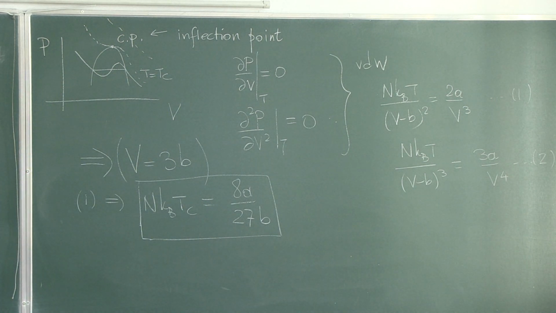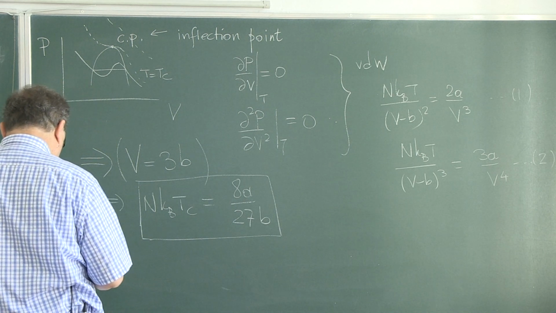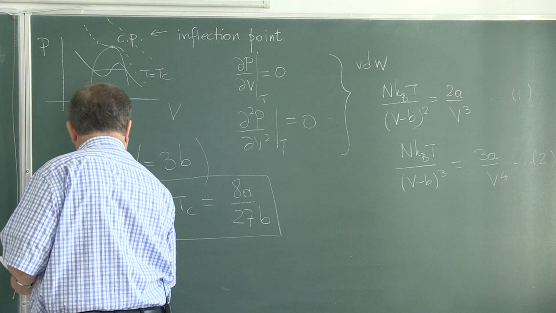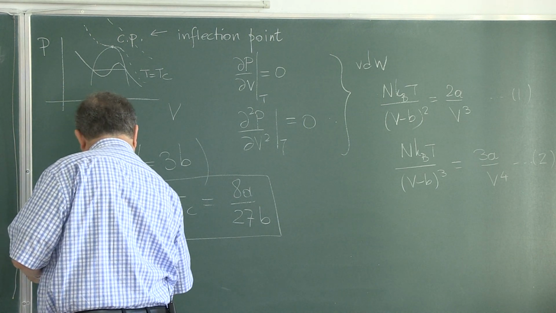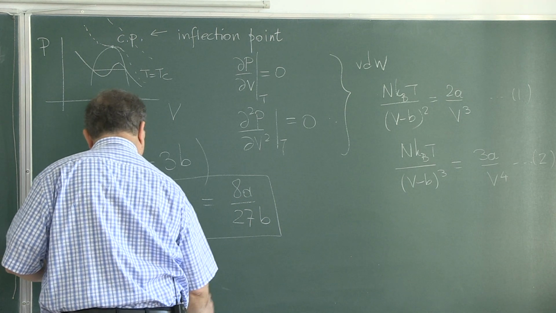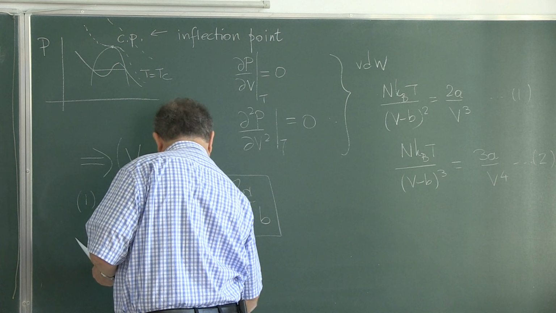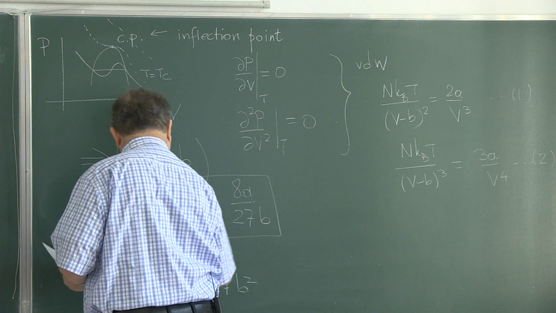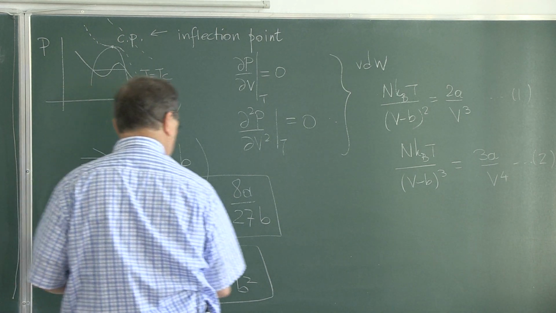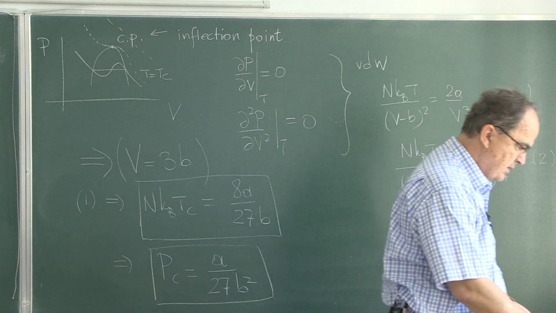So you get the critical temperature in terms of parameters of your van der Waals equation, a and b. Very simple. Put first and second derivatives to 0. This gives you also the critical pressure, which is a over 27b squared. You can solve it.